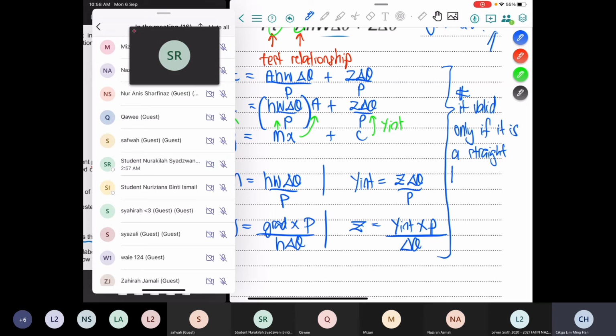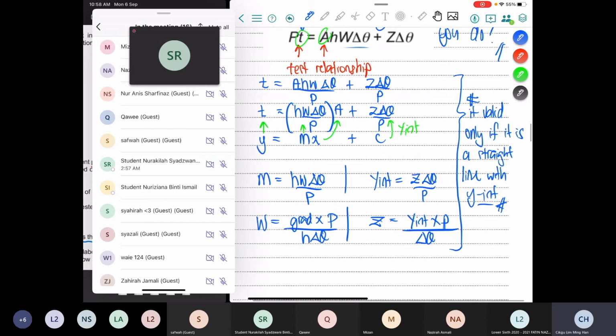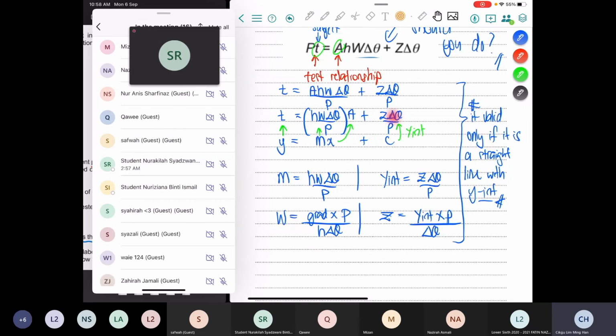So this is a straight line with y-intercept. Because as you can see from here, it has a y-intercept. In the question 5.1 the other day, there was no y-intercept. But this one has a y-intercept, so that means it must pass through a y-intercept.